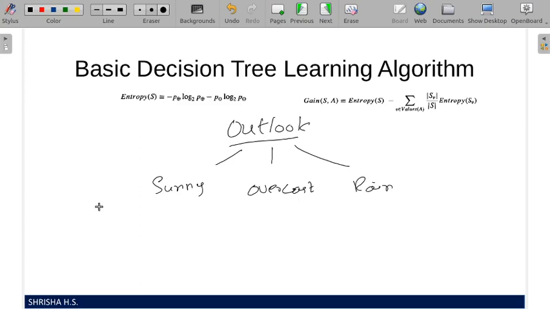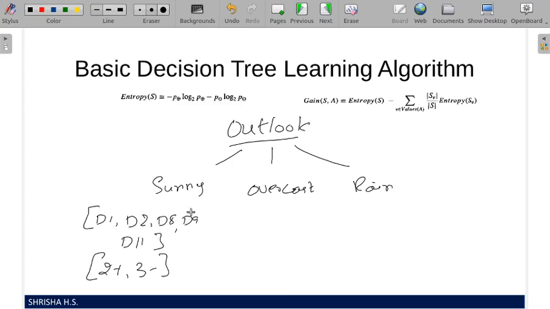What are the instances in our data set where outlook equals sunny? D1, D2, D8, D9 and D11. These are the instances where we have outlook equal to sunny. If we observe the table, we have 2 positive examples and 3 negative examples, total 5 instances.